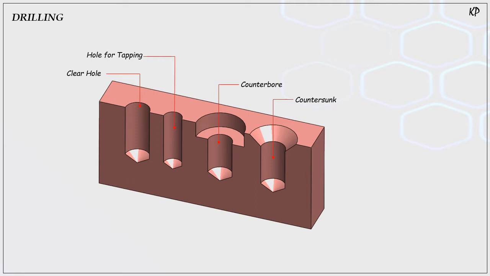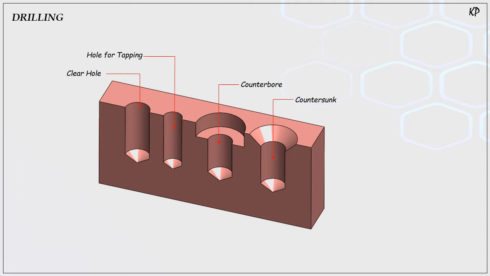The drill hole will have a smaller size than your actual requirement, because then you can use a tap and produce a thread inside that hole.